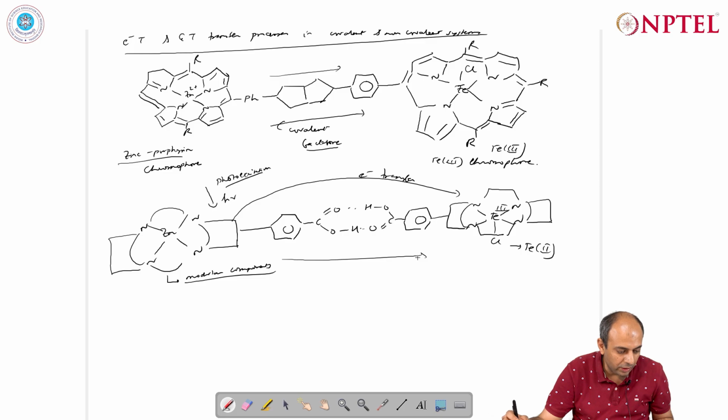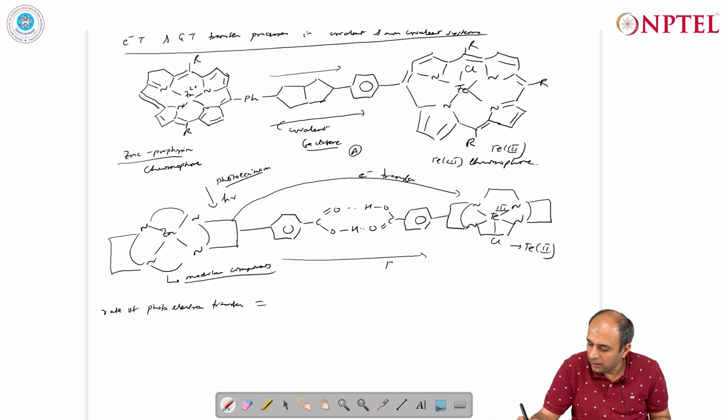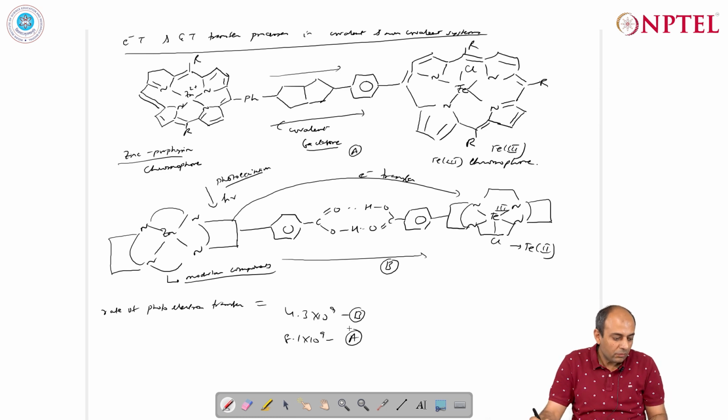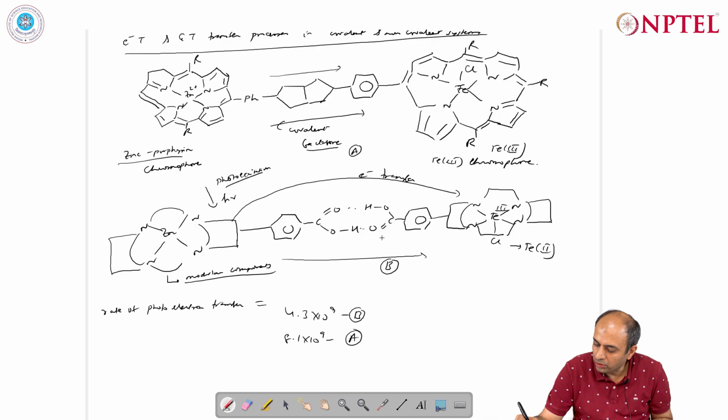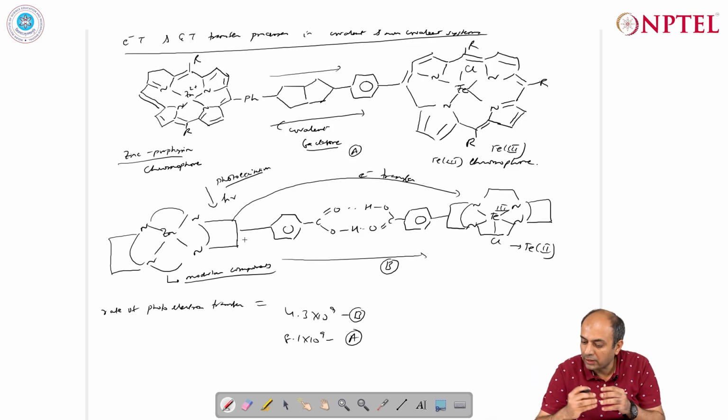And these electron transfer processes are quite efficient, in the sense that the rate of photoelectron transfer, if I were to consider this system as A and this system as B, is 4.3 into 10 to the power 9 for B, and it is 8.1 into 10 to the power 9 for A. So you can see that even the supramolecular motif is as efficient as the covalent backbone in transferring the electron from the donor to the acceptor, and therefore creating the necessary charge transfer, which we refer to as a secondary charge transfer.